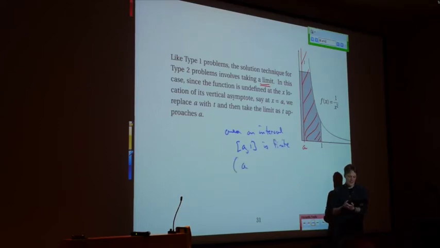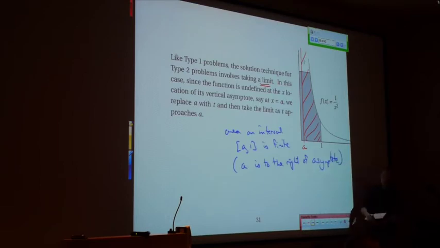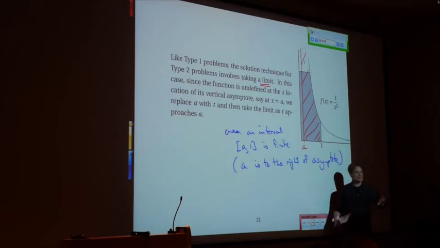And so A is to the right of the asymptote. It's going to be a little technical thing we have to be careful with. We'll see how it plays out. I think it'll make sense once we see it.